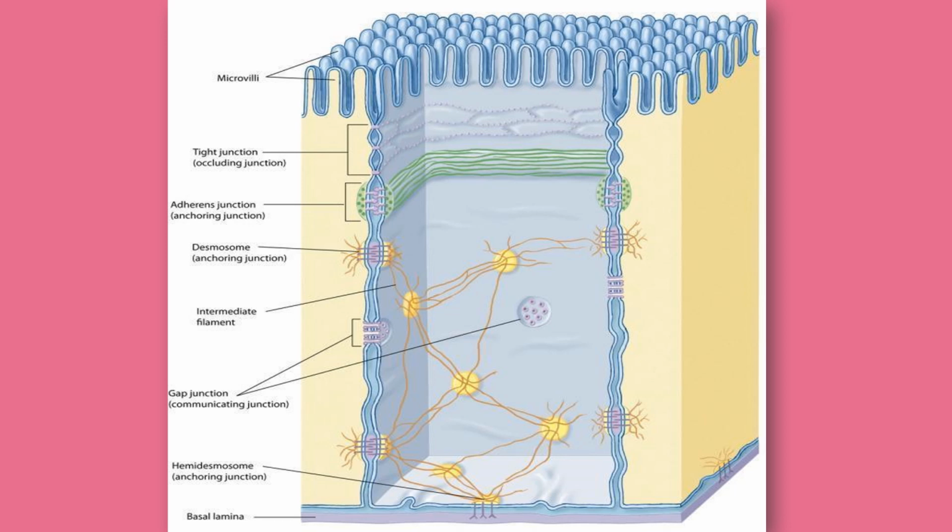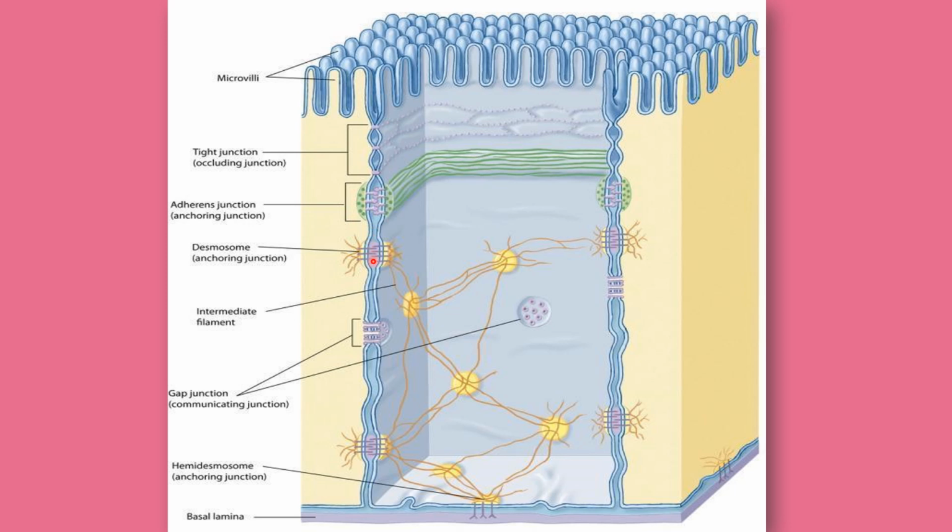In this picture, we can see the connection between one cell and another cell. This is one cell, and this is one cell, and this is one cell. In the apical of the cell, there are microvilli, and below the microvilli, there is the tight junction as the occluding junction. Below the tight junction, there is the adherens junction or anchoring junction.